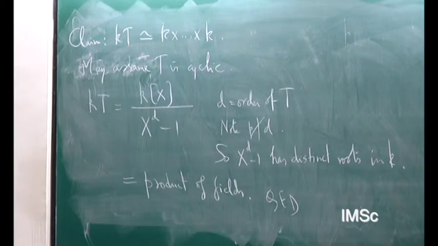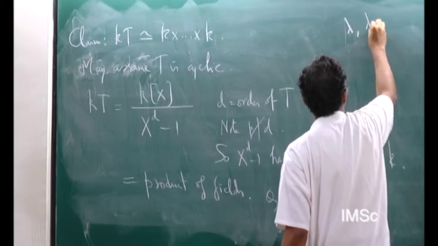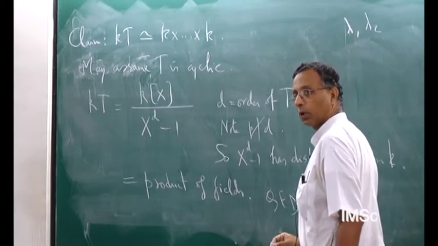Any other questions? Let lambda 1, lambda 2 be one parameter subgroups. Yes. That will be lambda 1 of T1, T2 into lambda 2 of T1, T2. So lambda 1 and lambda 2 are one parameter subgroups.